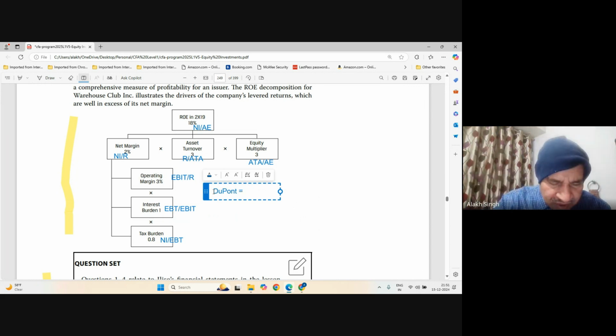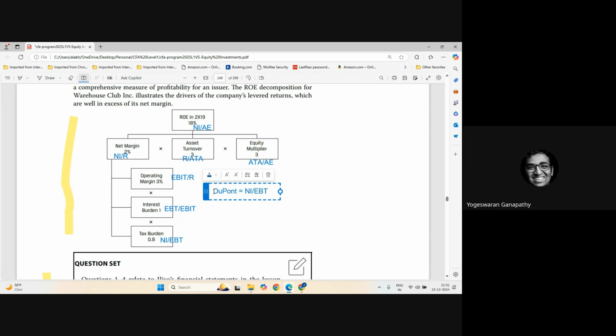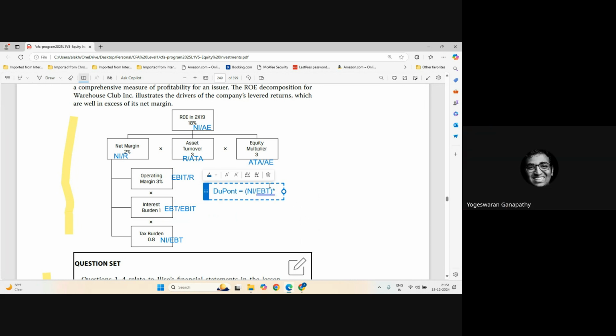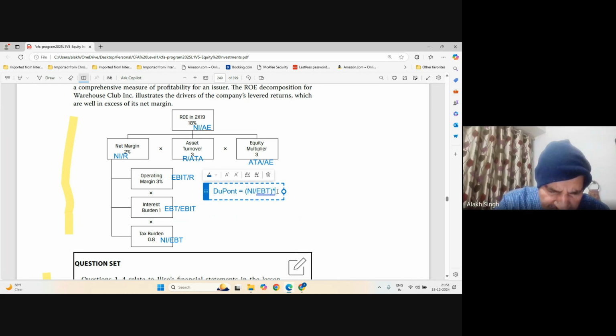So I start with tax burden. Net income is always there. So net income divided by EBT. Okay. Yes, then times, EBT will cancel, so I should put it in parenthesis. So next one must be EBT, because then only EBT will get cancelled. Yes, sir. So I will put here EBT divided by EBIT.